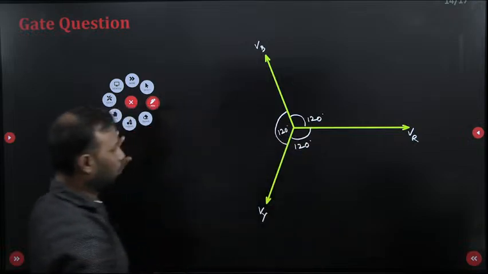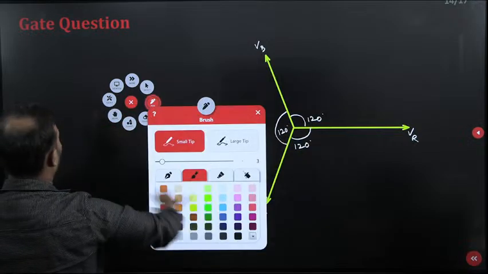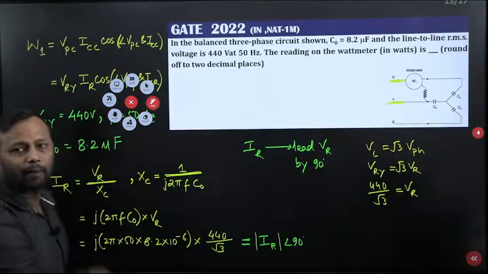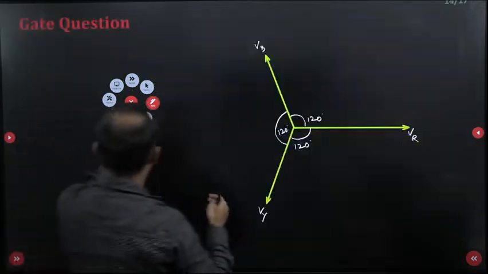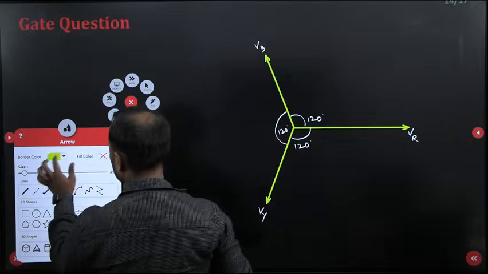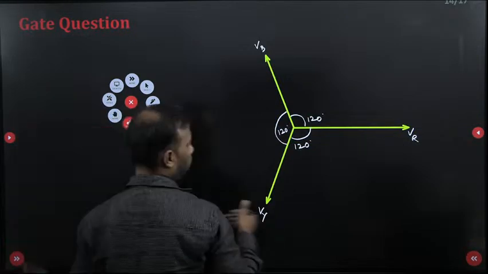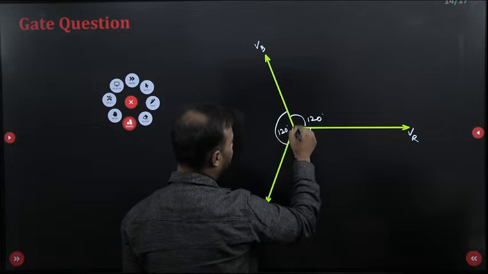So VRY is VR minus VY. We are having VR here, so minus VY means opposite to VY.